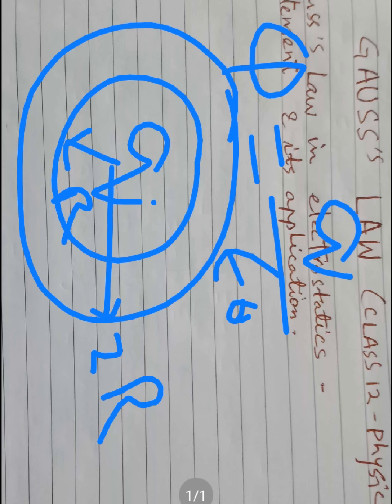Your answer will be no change, because it does not depend upon the radius. So flux phi will again be Q upon epsilon naught, because the charge is inside the sphere, and if the radius of the sphere is increased, there will be no effect.